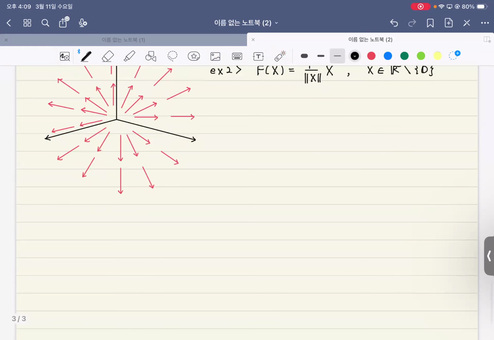Lastly, we have this very important vector field, which is F(x) equals minus 1 over |x| cubed times x.